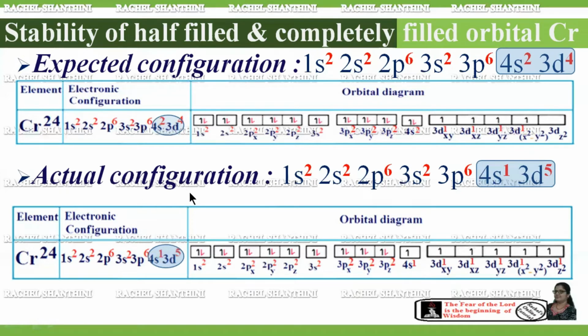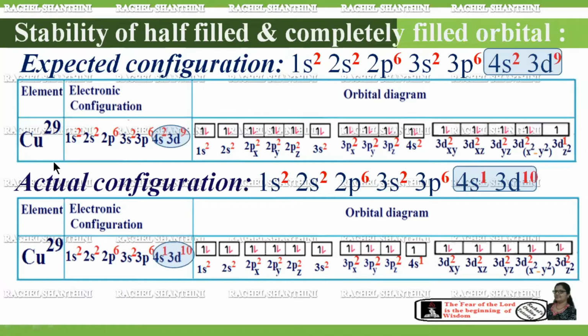If you look at the actual configuration of chromium in the orbital diagram, that is the 4s orbital and the 3d orbitals, all these orbitals are half filled and the electrons are symmetrically distributed and have the same spin. So this actual configuration of chromium is more stable when compared to the expected configuration of chromium. That's why chromium has an exceptional electronic configuration. Now let us see copper also.